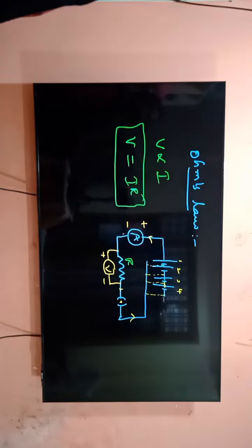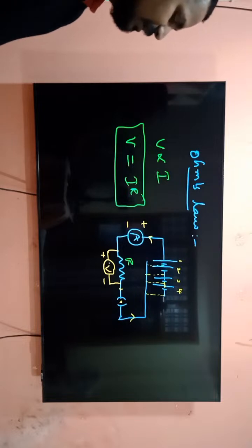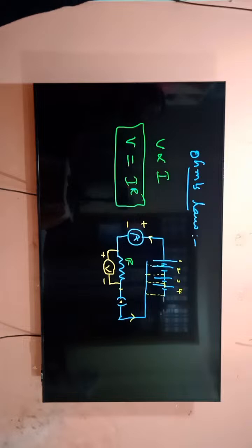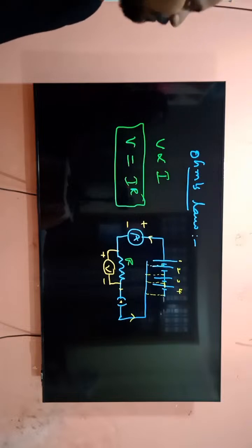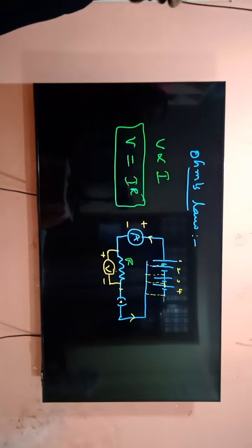Once again, when the current is passing through the conductor, or simply we can say resistor, the potential difference across the conductor is directly proportional to the current flowing through it. So V is directly proportional to I, V equal to IR.